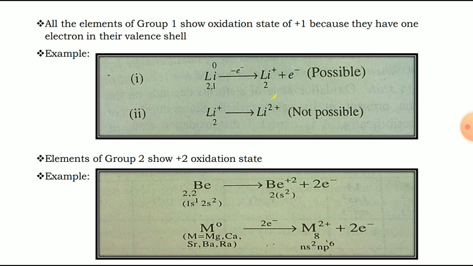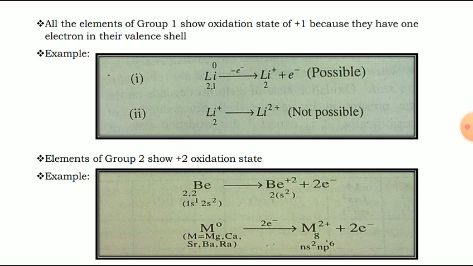Then in lithium only two electrons remain, as one is lost. This is possible in the case of lithium, but losing the second electron is not possible, so Li2+ is not possible.